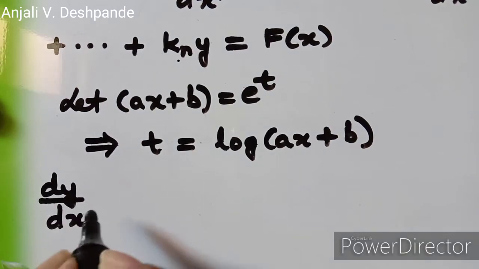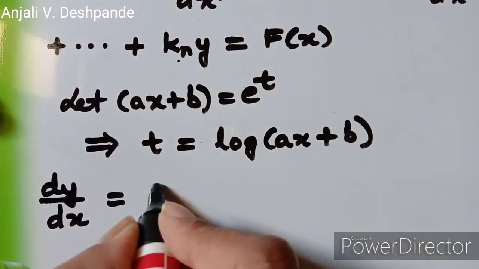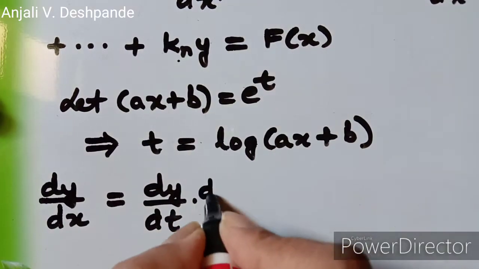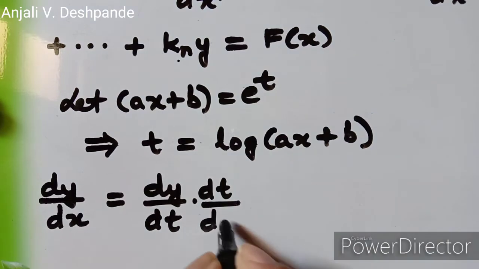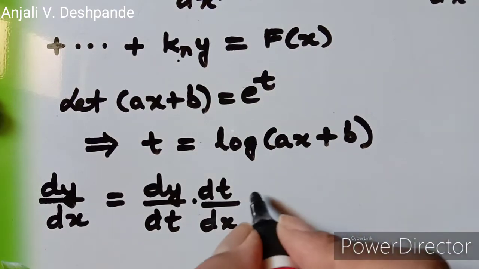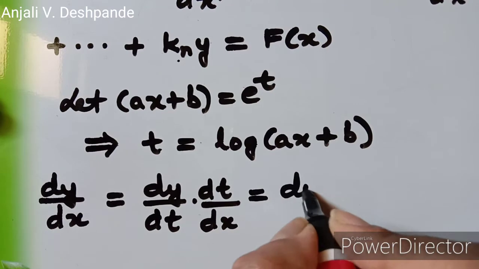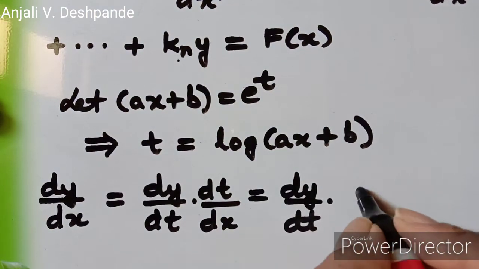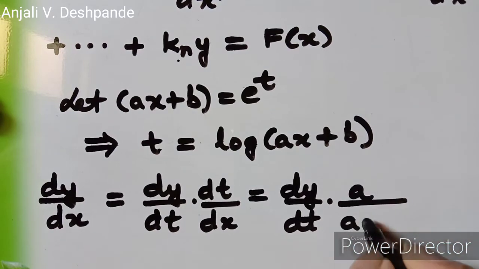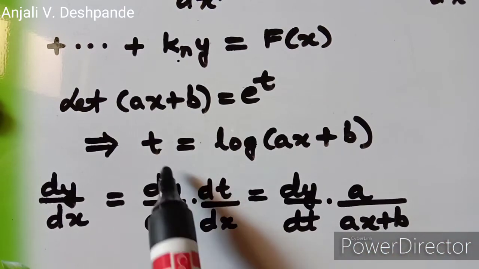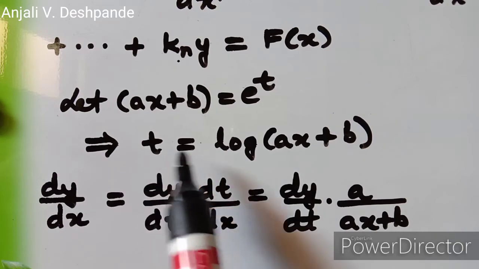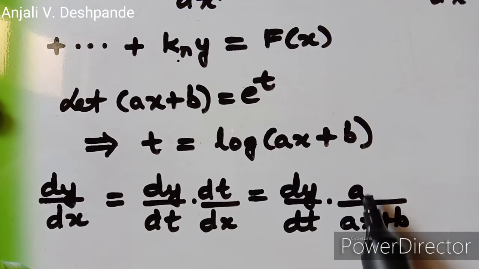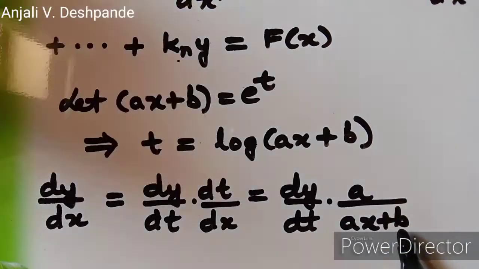So dy by dx is equal to dy by dt into dt by dx. So this is equal to dy by dt into a upon ax plus b. So we are differentiating this t with respect to x. So the derivative of log of ax plus b is a divided by ax plus b.